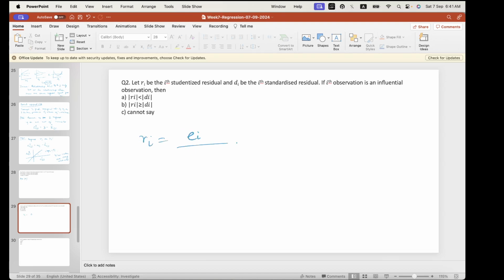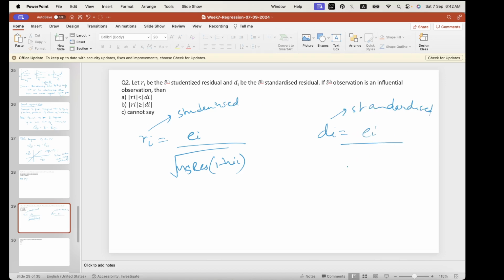Ri is Ei by root over MS residual times 1 minus Hii, and Di is Ei by root over MS residual. This is studentized and this is standardized.